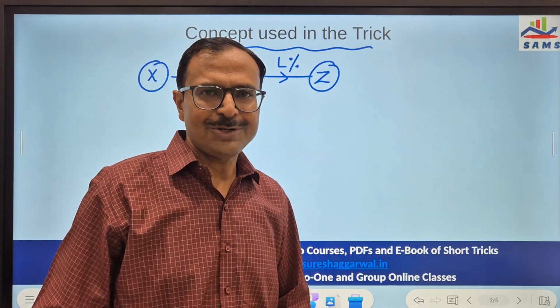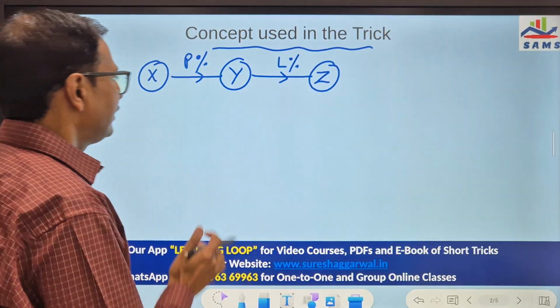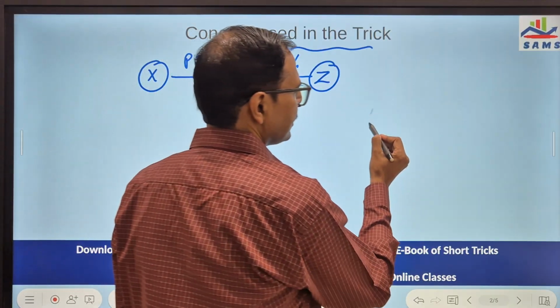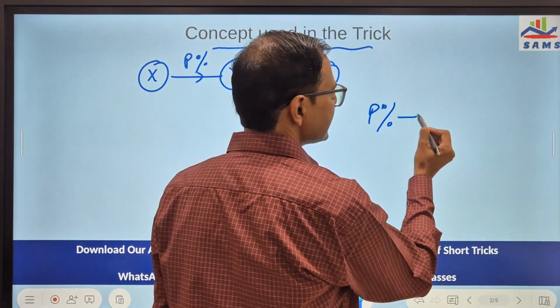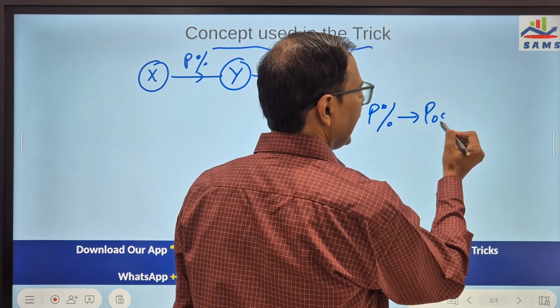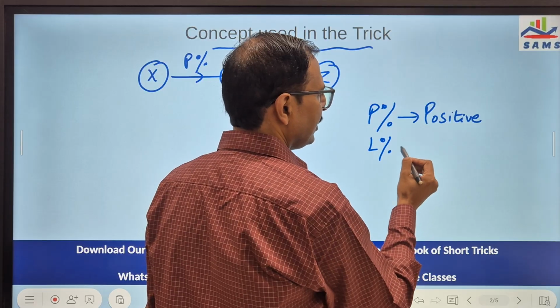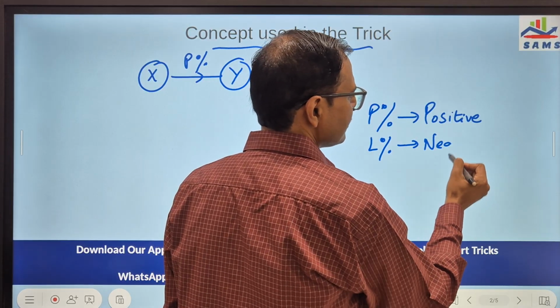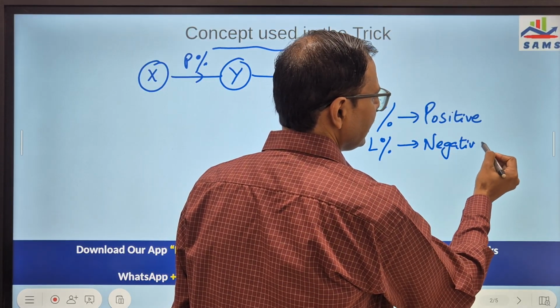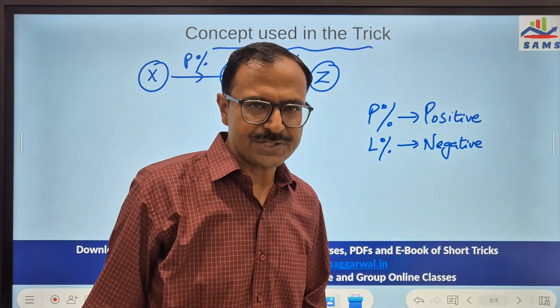Now there is a convention used here. If it is profit percent, then we normally take it as positive, and obviously if it is loss percent, we normally take it as negative. Now this is the normal convention we are going to use in the question.